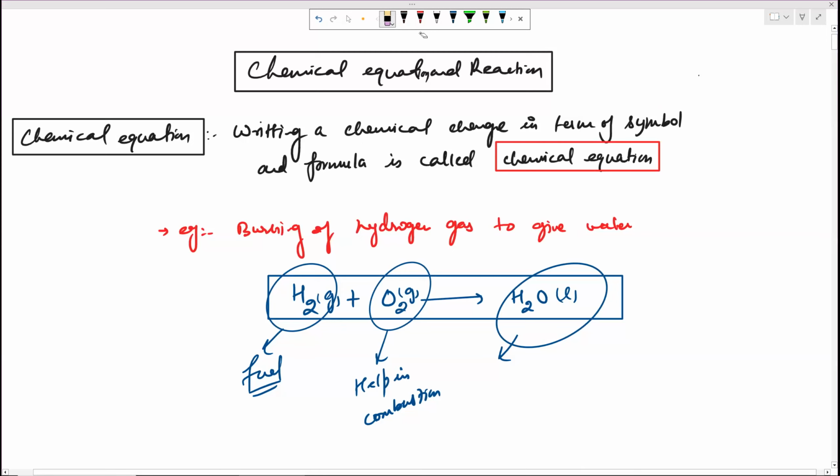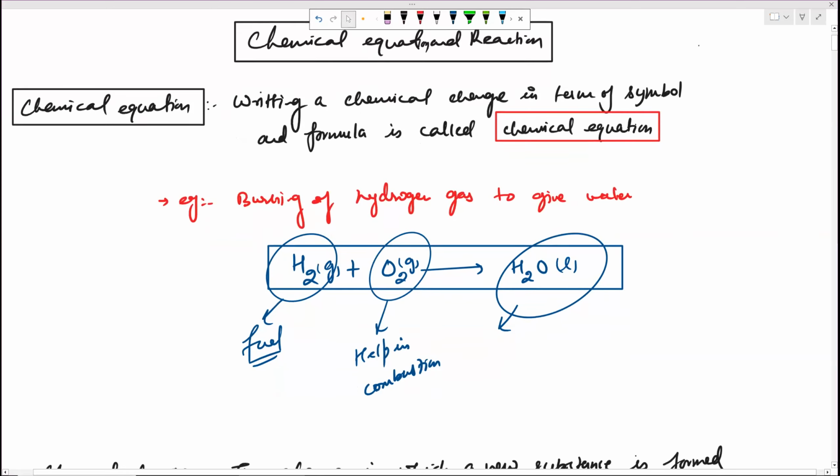For example, burning of hydrogen gas, or burning carbon to give carbon dioxide. If you burn a magnesium ribbon, it gets converted into magnesium oxide. If you write it in symbols and formulas, it is a chemical equation.